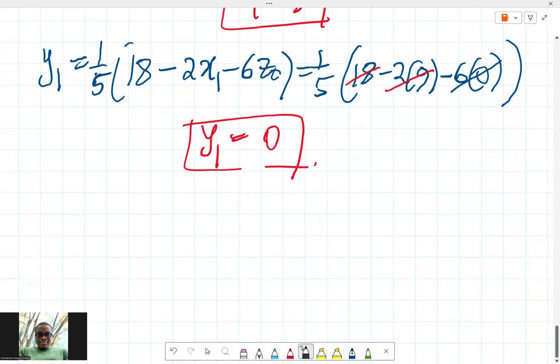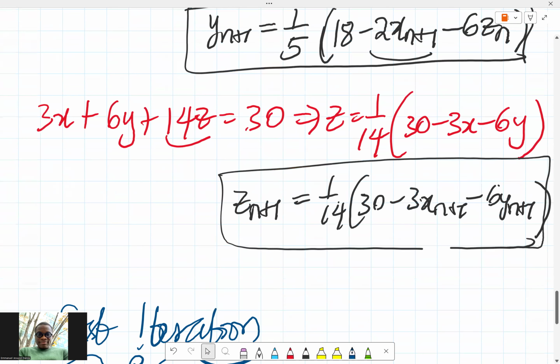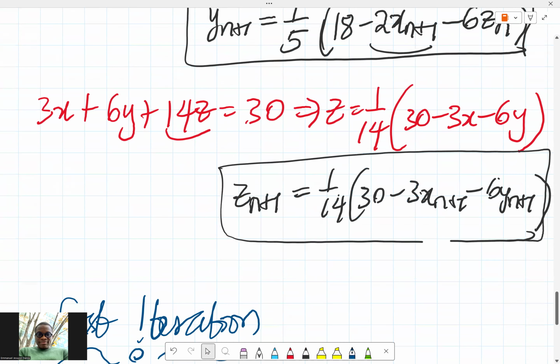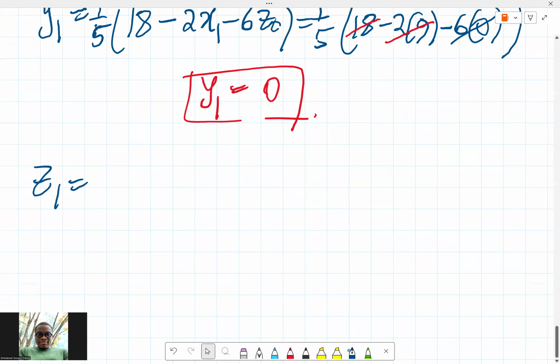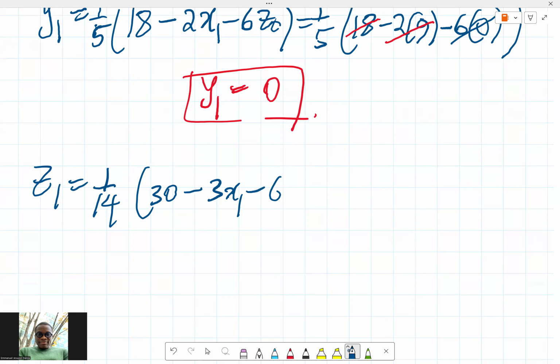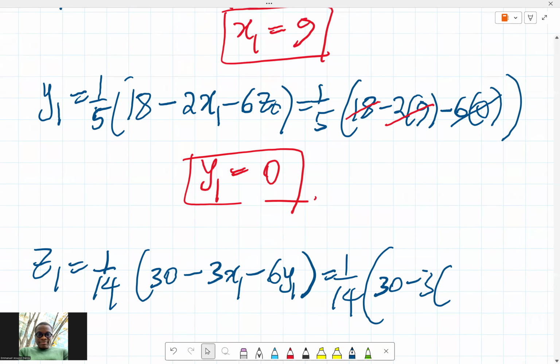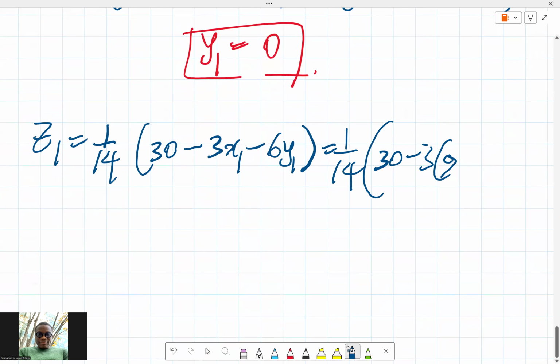So then we can go for z1 also. Everything is at the same level. z1 is 1 over 14 into 30 minus 3x1 minus 6y1, because we have x1 and y1 already. So that's 1 over 14 into 30 minus 3 into x1, where x1 is 9, minus 6y1, where y1 is 0.